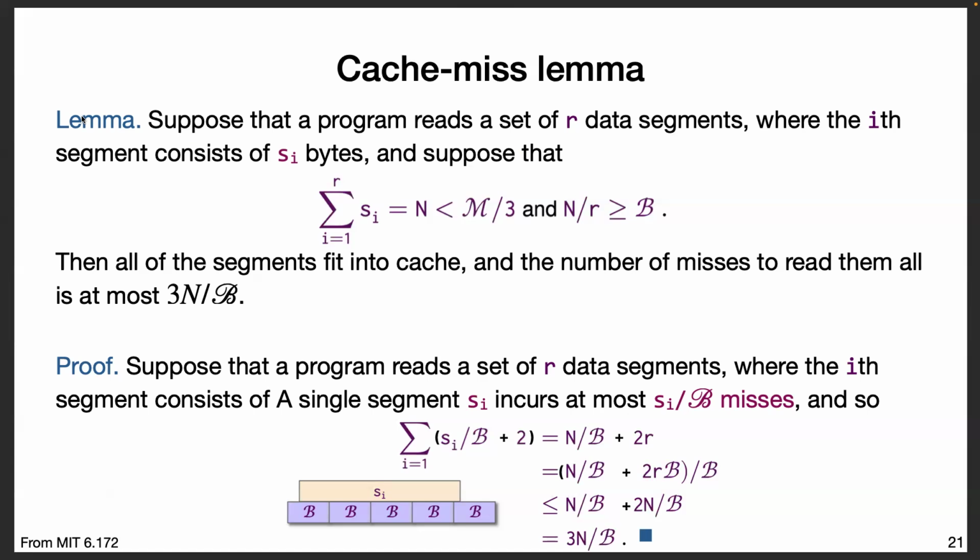The actual constants like 3 are not super important. The main point is that the segments can all fit into the cache, and it takes n over B cache misses to read n contiguous bytes.